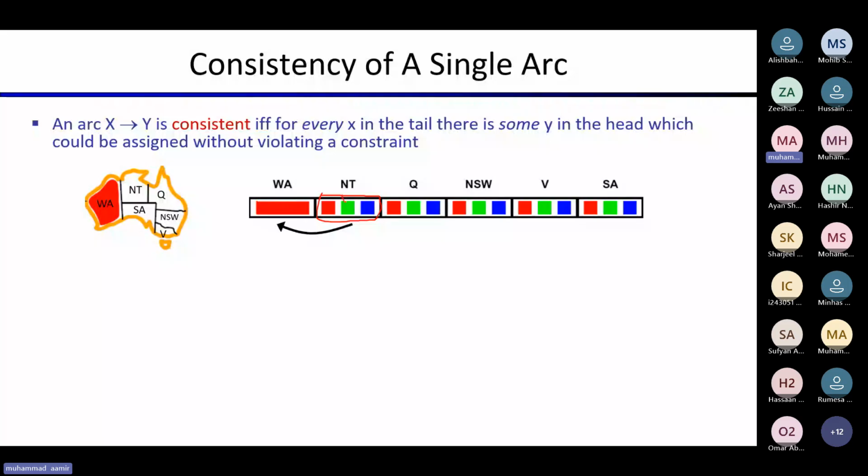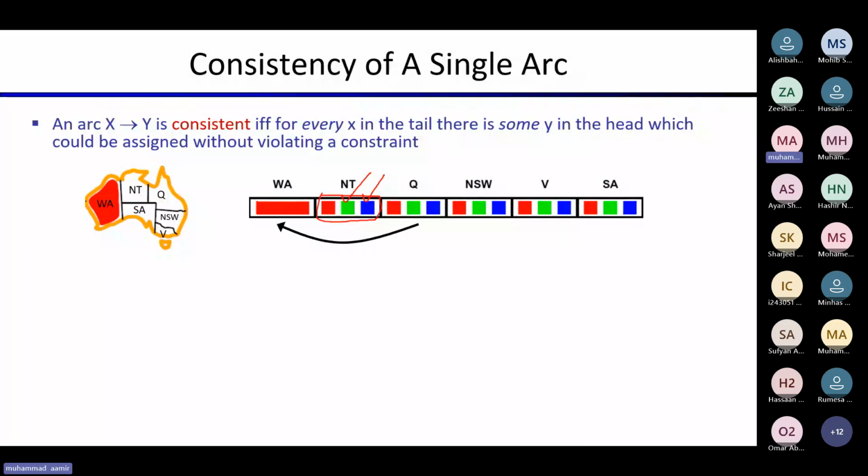So yes, Northern Territory has the green and the blue option. Red cannot be assigned, but Northern Territory has two options. Then we can check Queensland. Yes, if Western Australia got the red value, Queensland can have green or blue.